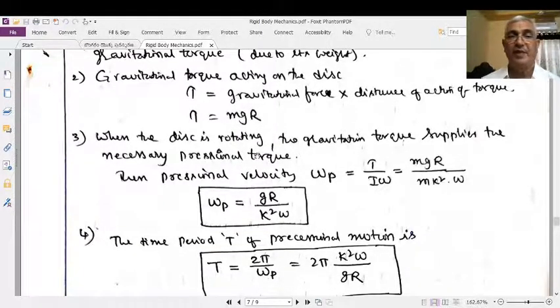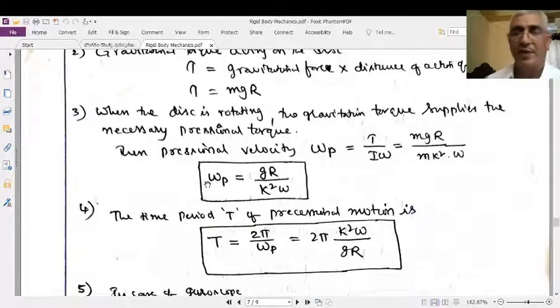When the disc is rotating, the gravitational force supplies the necessary precessional torque. All these things are very familiar to us as far as the spinning torque is concerned.